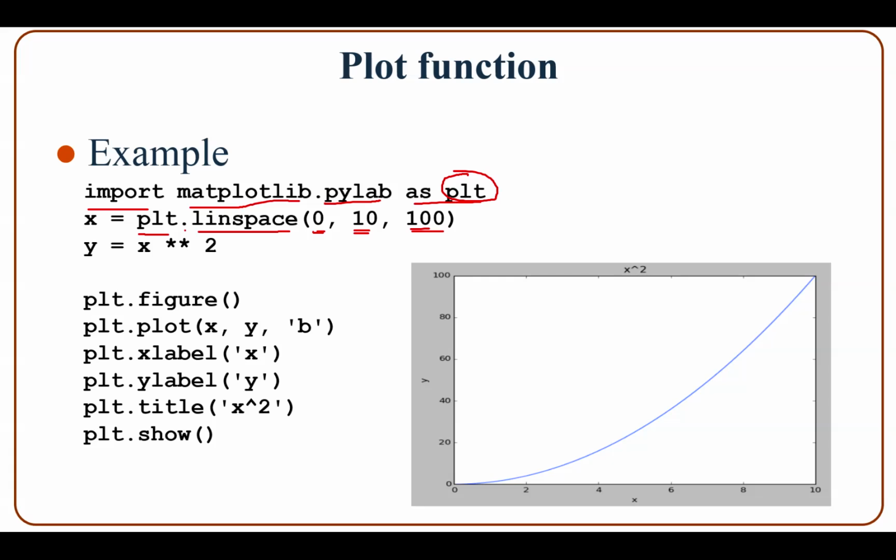Then you compute x to the power of 2, x squared actually, and store it in y, and then later on call the figure function to start a new figure, and then plot y against x using the blue color, and give it the x label, the y label, the title, and show it just like you do it in MATLAB. So we will do some more examples regarding Python programming, and for now just show the code that we have in the lectures, and happy coding.